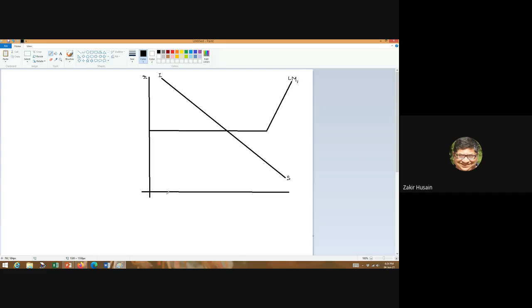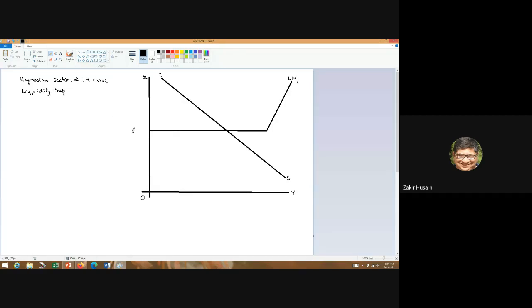So this is the LM curve. So this is the Keynesian section of the LM curve, the so-called liquidity trap, as he calls it.